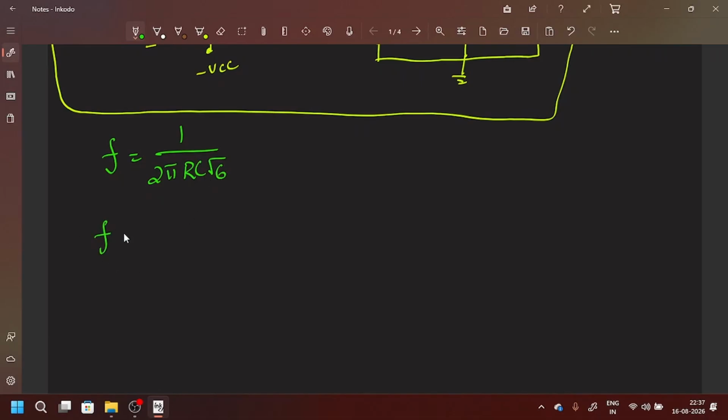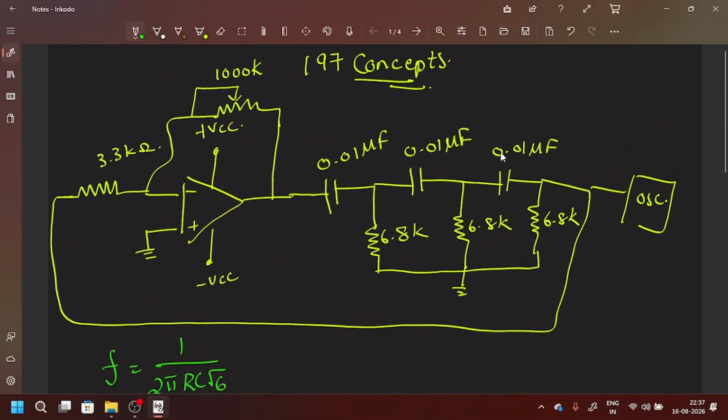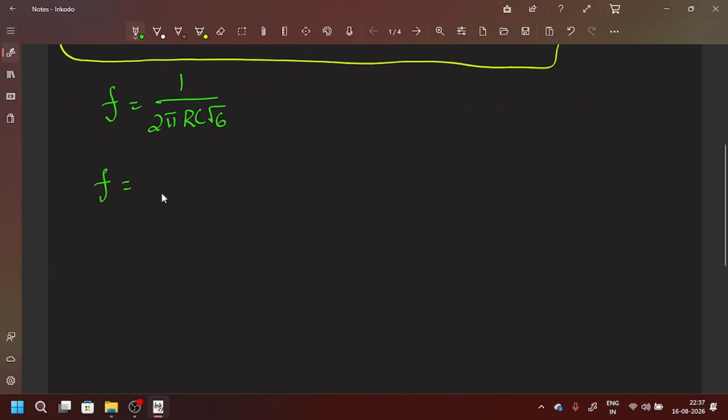So here I'm going to substitute the values. The only thing that I'm going to consider is the capacitance values, all three, and the 6.8 resistor values. There is no need to consider these other values. Only the RC section is considered. So for that, I'm going to substitute the values here.